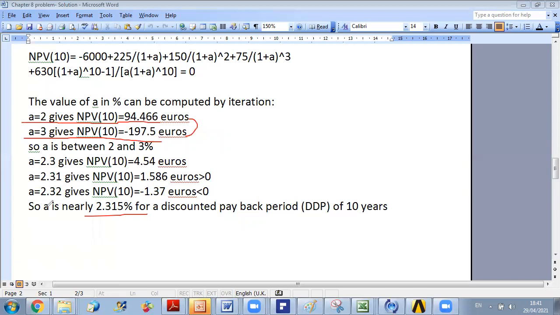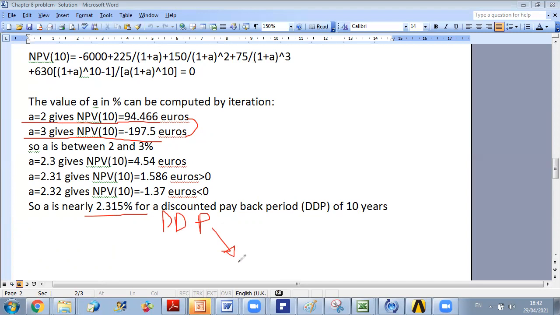For the payback period, the smaller the payback period, what will happen to A? The smaller the payback period, logically A becomes smaller because the time we are predicting is shorter. If the discounted payback period is smaller, I am able to gain my money back in a shorter period of time, and I am more confident in the future.